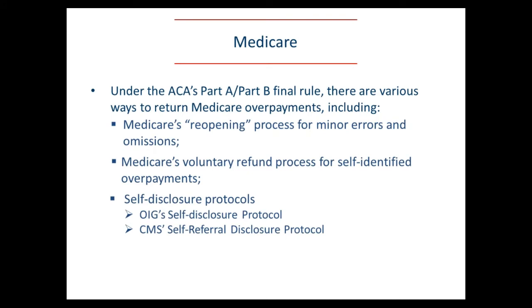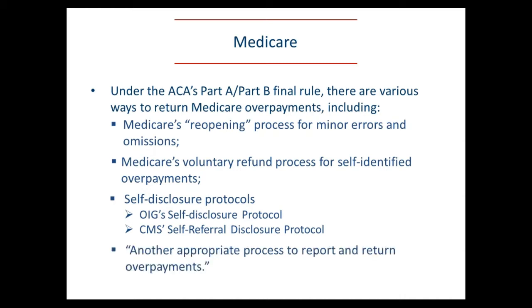And there are self-disclosure protocols within the Department of Health and Human Services. 2 in particular. The Office of Inspector General, the OIG, has a self-disclosure protocol, which is used for potential violations of criminal, civil, administrative laws. And CMS has its own self-referral disclosure protocol that is used in connection with potential Stark law violations.